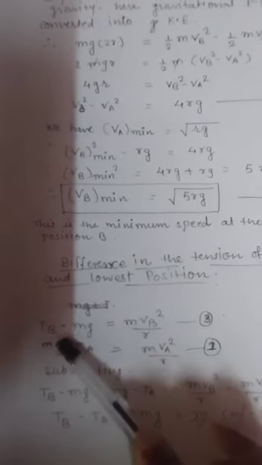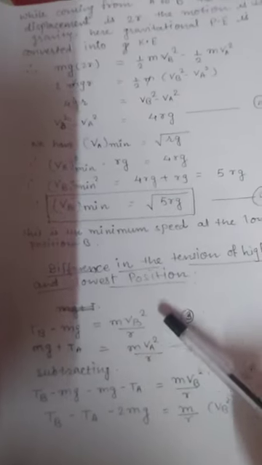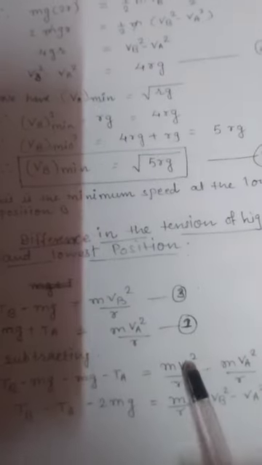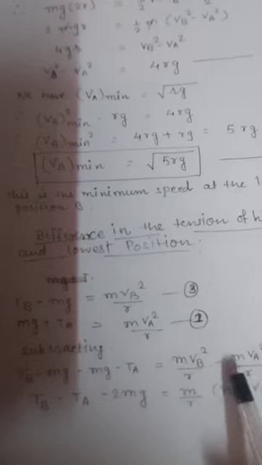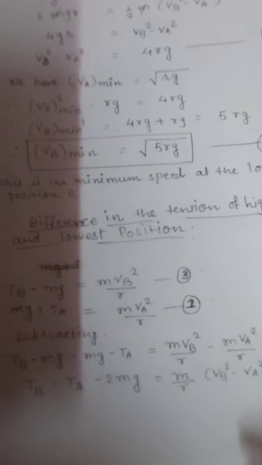See, Tb minus mg minus mg. Here we are multiplying by minus, so this will also become minus Ta. And subtracting on the other side too, you will get m vb square upon r minus m va square upon r.